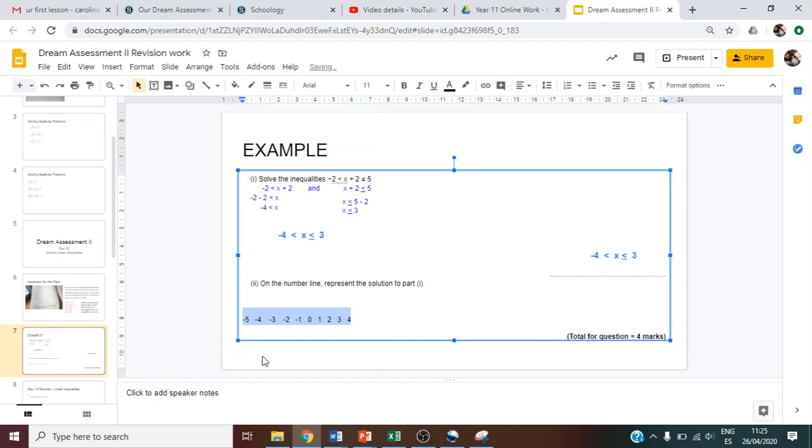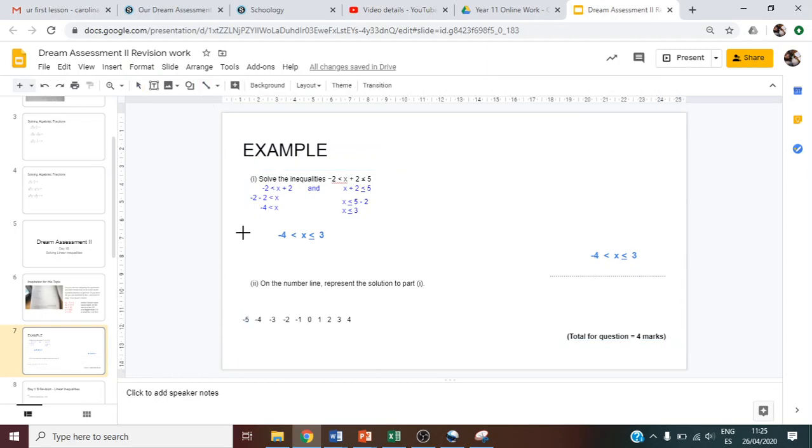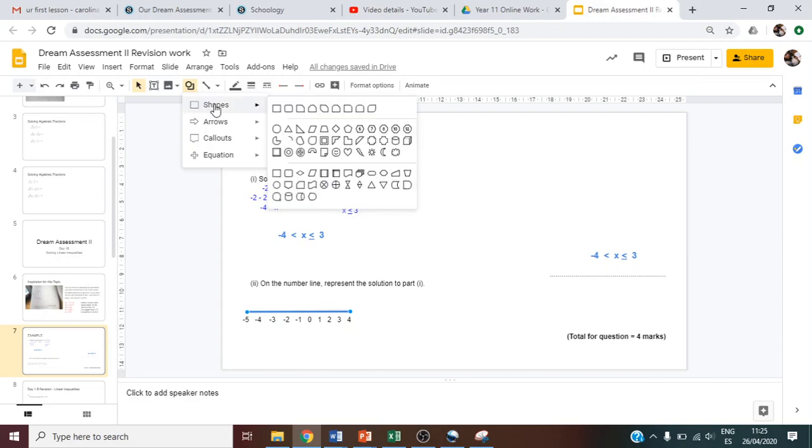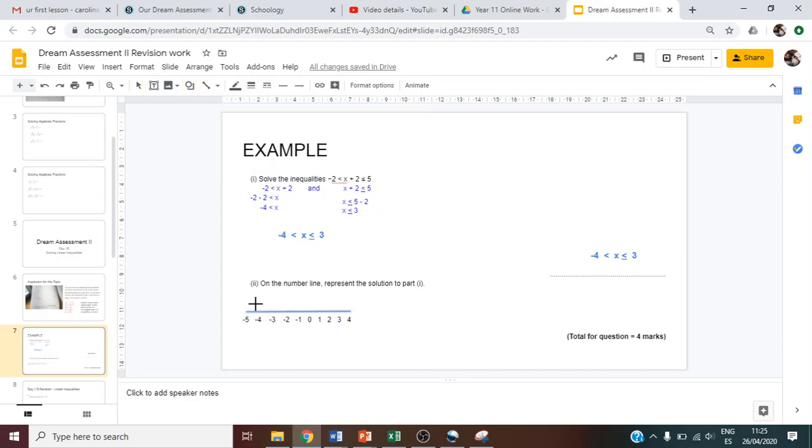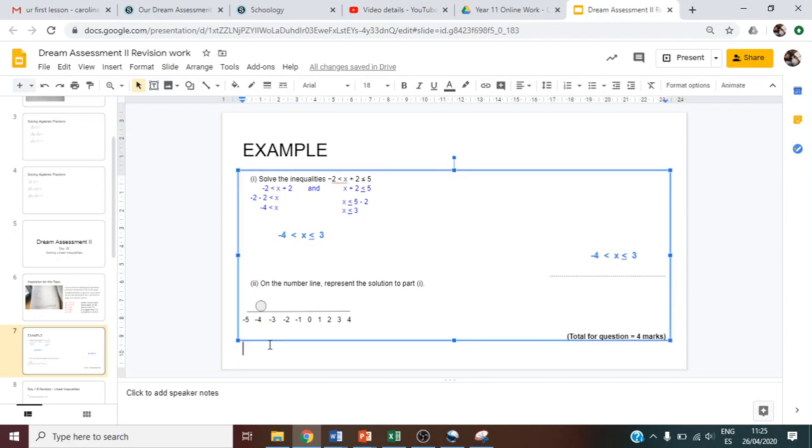And then I'm going to draw this, so I'm going to have to do a drawing. I'm going to draw a line in here. And I want to show that x is between -4 and +3, not equal to -4, so I need to insert a shape, and I want it to be an open circle at -4. Did it fill in? Can't see.